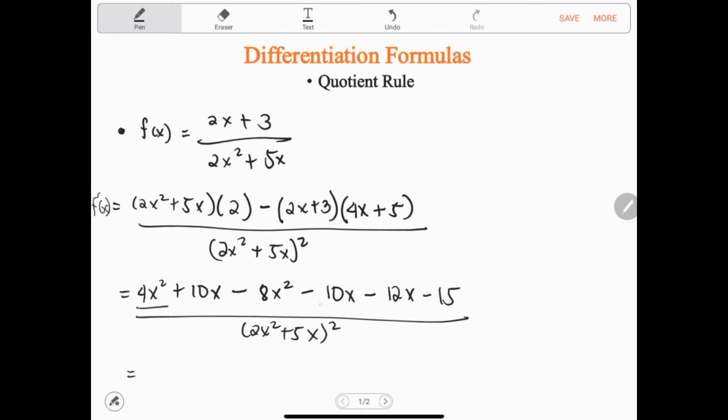So 4x squared and negative 8x squared will result in negative 4x squared. Next is 10x, negative 10x, and negative 12x. If we simplify that, we'll get negative 12x.